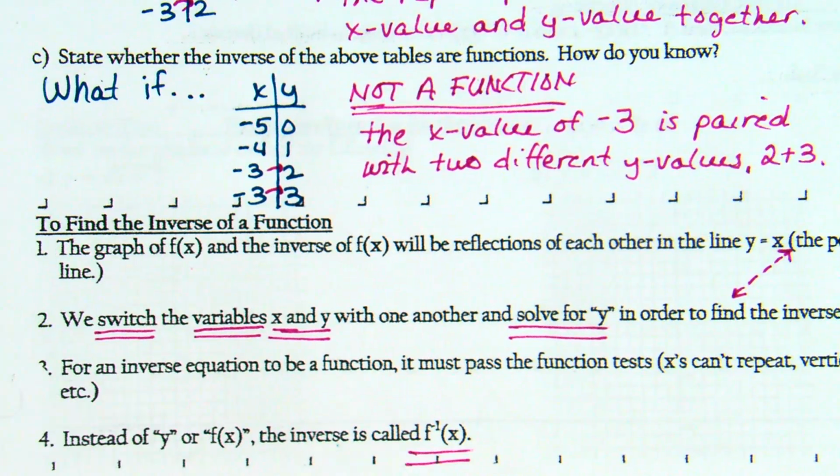Okay, flip to the back when you're ready, and we'll try an example here. Here we go. Example A, what is the inverse of the relation y equals x squared minus 1?